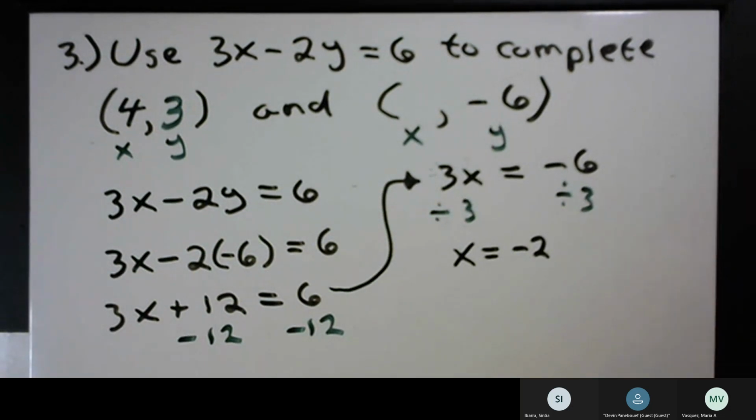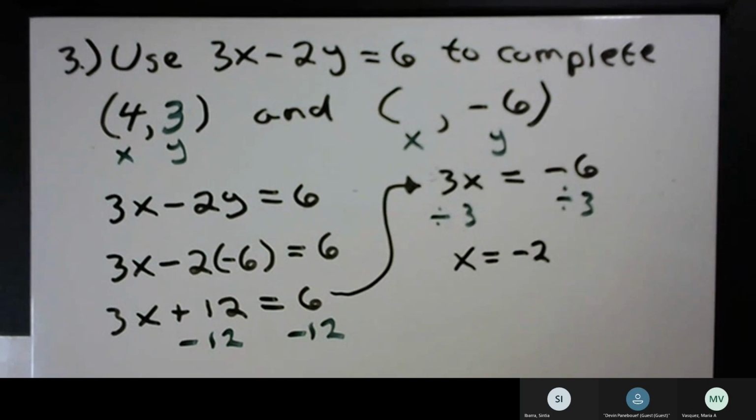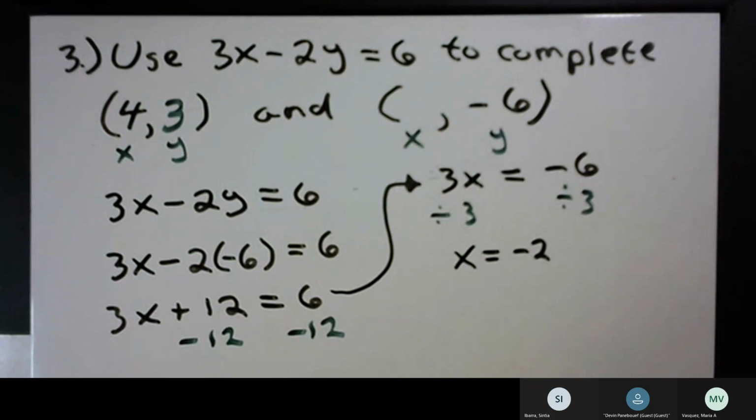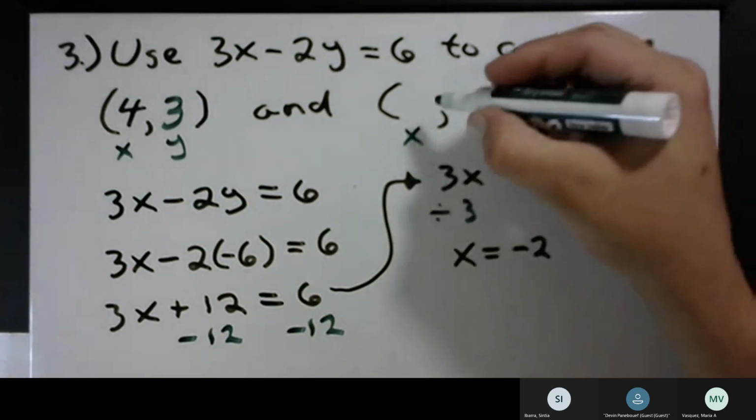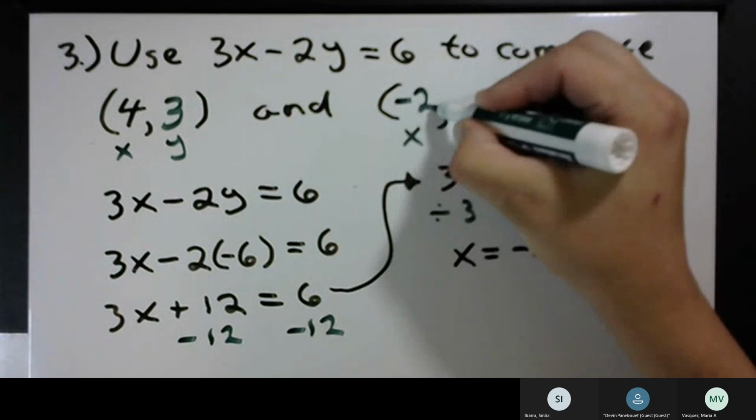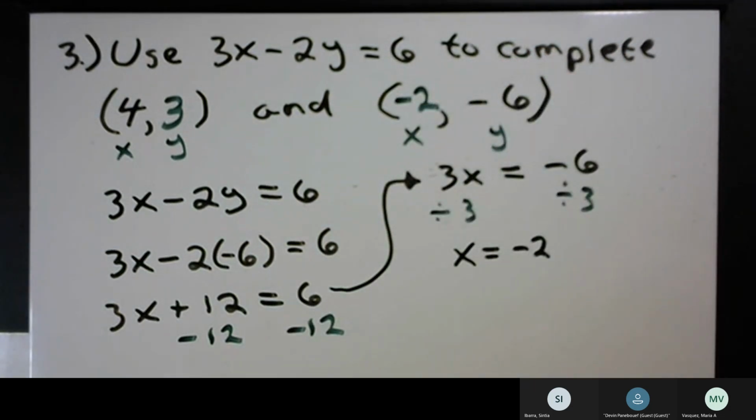Was checking my math here. Yeah, we're good. So we get negative 2. So any questions about that?